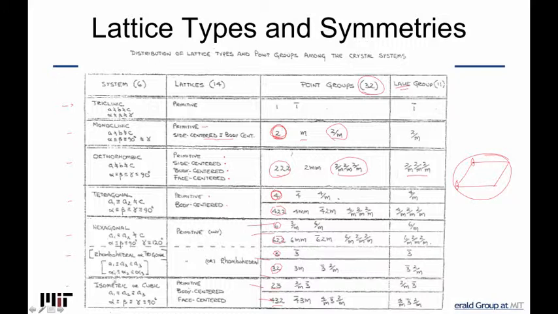So we'll end there and we'll start the next part where we will first of all show you the 230 space groups and work through what we're missing in order to understand what we might see in some of the 230 space groups, things like screw axis, which we haven't defined yet.